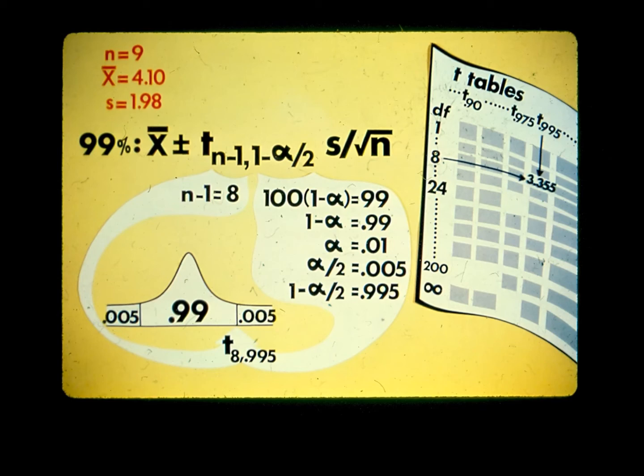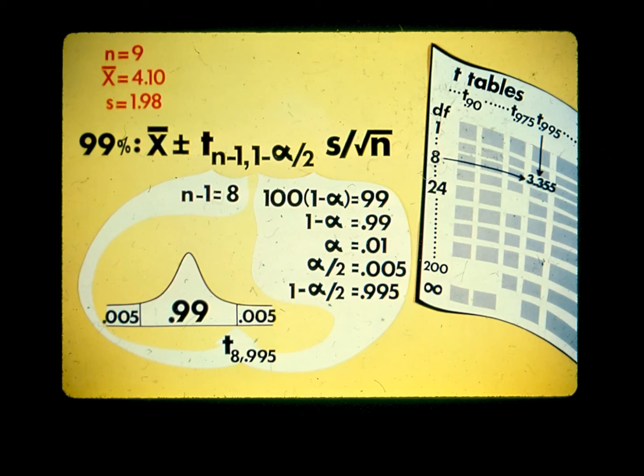Further, since our confidence level is 99, we find our second subscript by setting 100 times 1 minus alpha equal 99, and then working algebraically to obtain 1 minus alpha equal 0.99, alpha equal to 0.01, alpha over 2 equal 0.005, and 1 minus alpha over 2 equal 0.995.